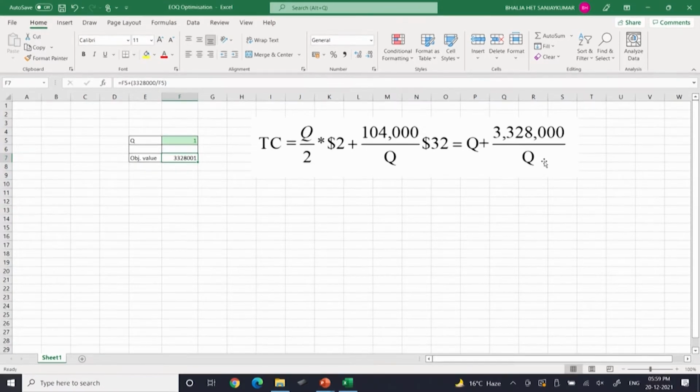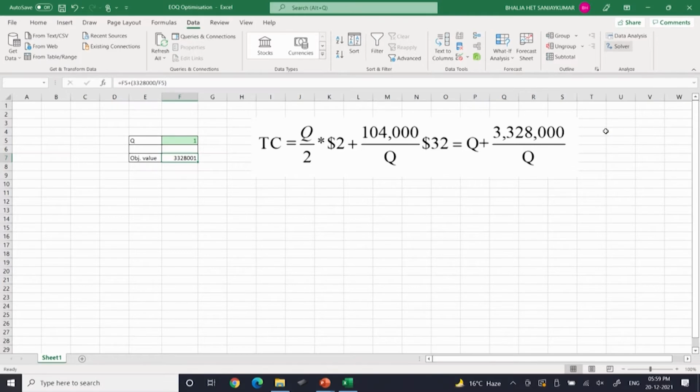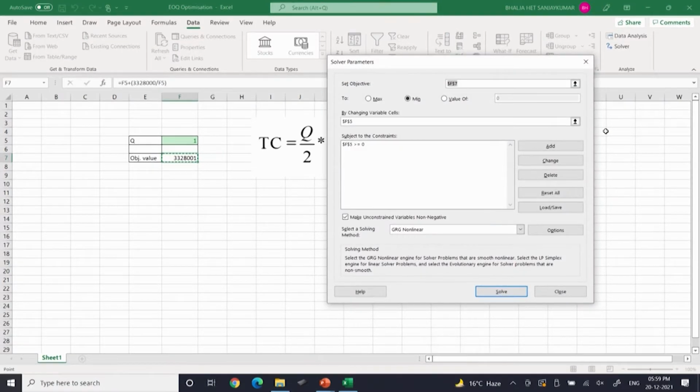So, if I go to Data, Solver, F7 is my objective function, it is a minimization function, and F5 is my changing cell. We know that the value of F5 should be greater than or equal to 0. Here you have to select GRG Nonlinear.